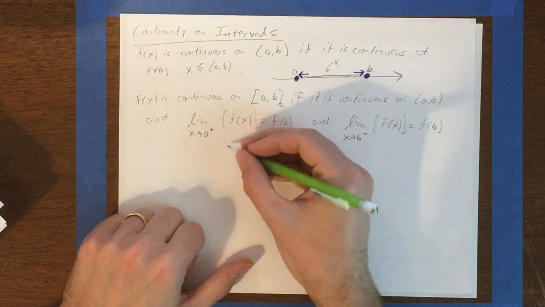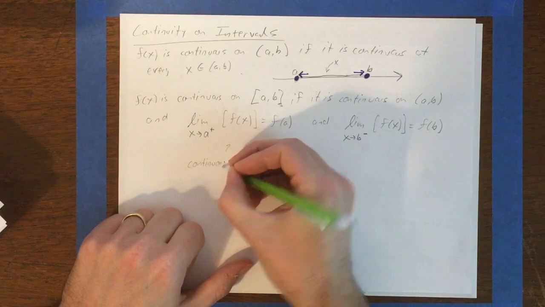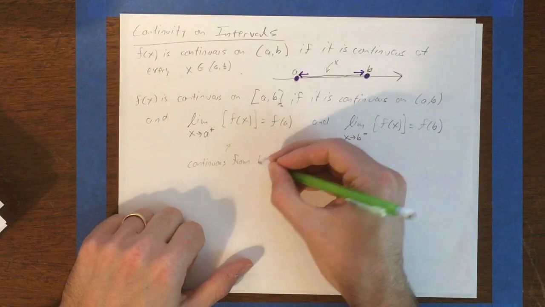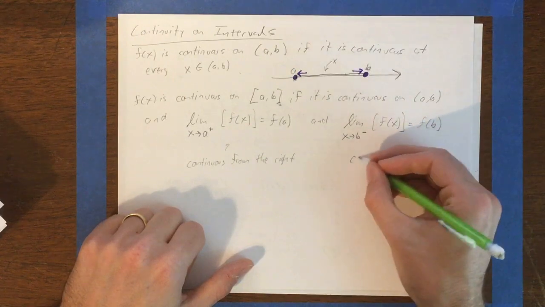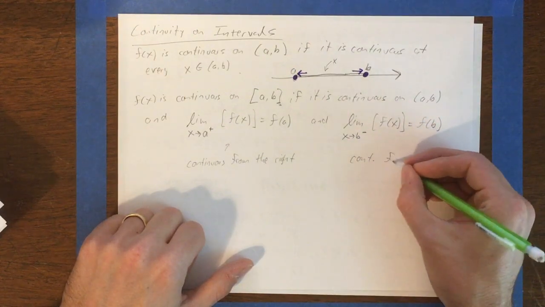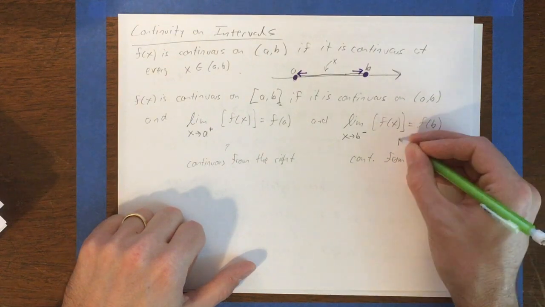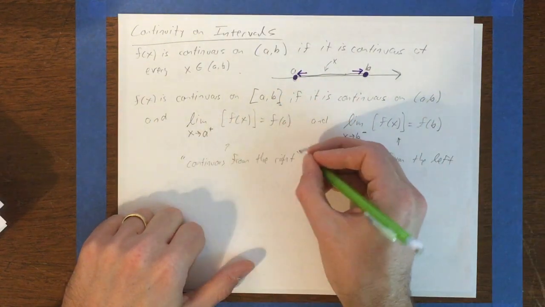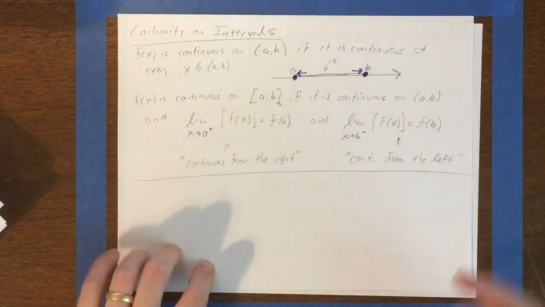And we even have vocabulary for this. This is called continuous from the right. And this is continuous from the left. That's defined terminology that we can use if you want.